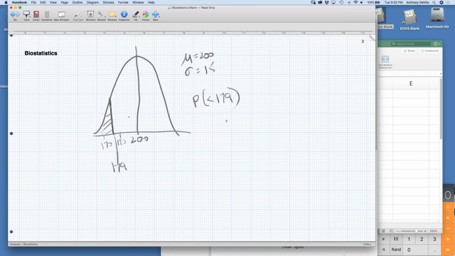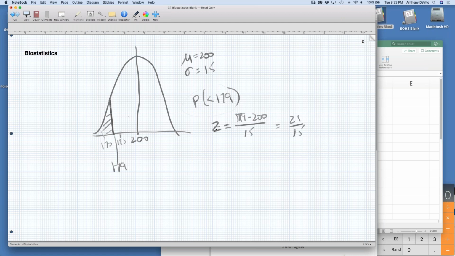Well, we're going to do the same thing with 179, except we're going to have to actually calculate it. So the number of standard deviations, we're going to refer to that from now on as the z-score, the z-value. So z, in this case, is going to be equal to 179 minus 200, the difference between the mean and that value, over the standard deviation 15. What's that going to be? That's going to be equal to -21 over 15.